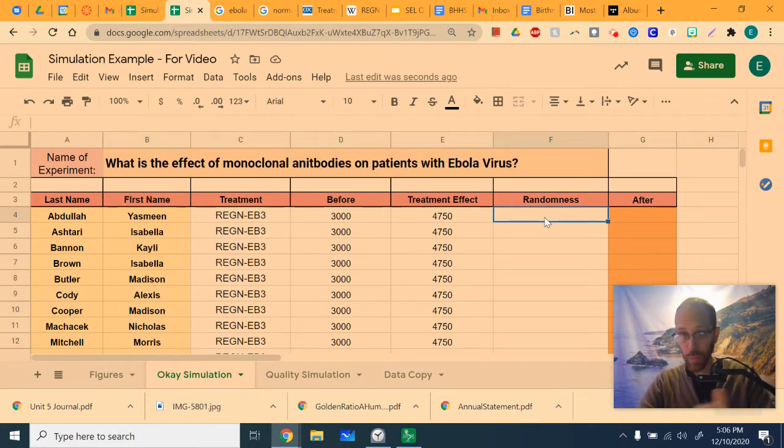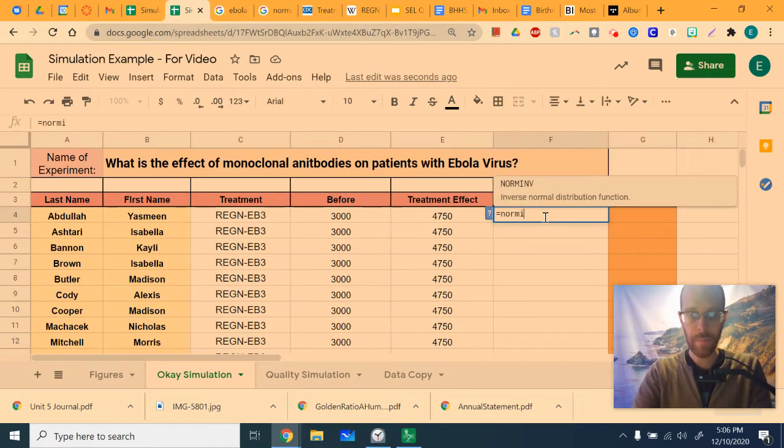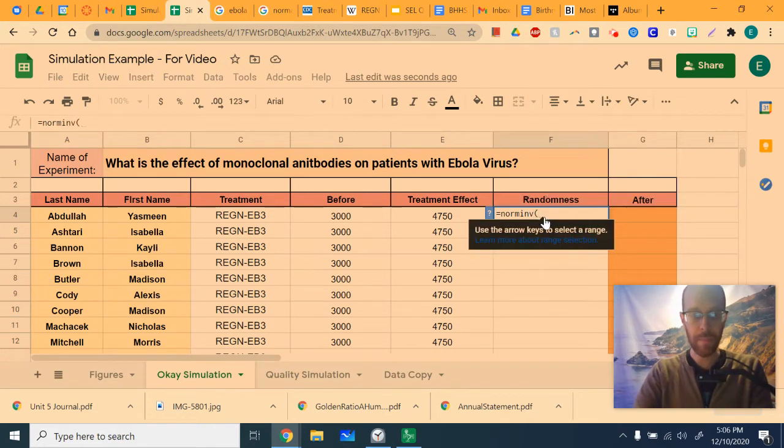We know that randomness rules our lives, and the same thing doesn't happen to everybody. So in this place, we are going to randomize. The way that you are going to randomize is that you're going to use a normal variable. We know how to use that formula.